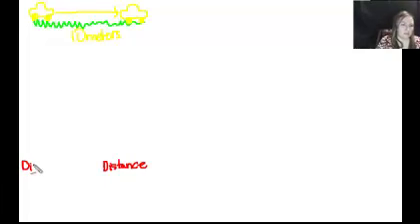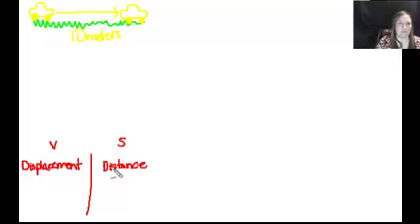Displacement is a vector quantity. So remember, displacement will give us the direction and magnitude of the movement, whereas distance, being a scalar, will only provide the magnitude of the movement.